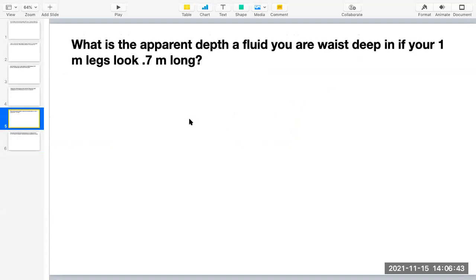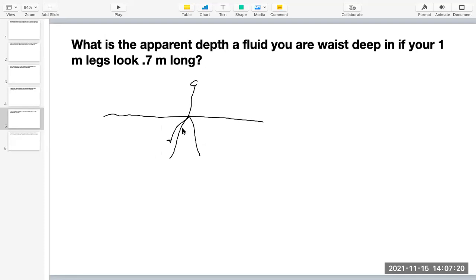So if you're standing in something that's not water, and your legs look kind of short now, they look like that. Legs didn't actually get shorter, they just look shorter when you're standing in this fluid.